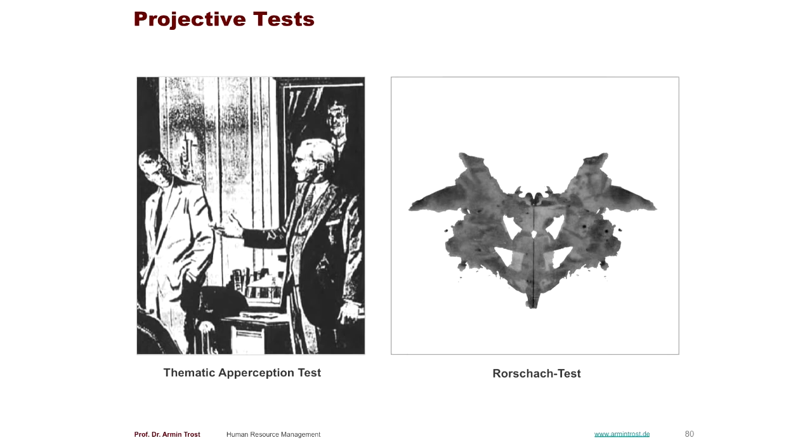When you do this test, you're shown some pictures like this. Very different pictures on cards. Look at this picture. And now your task is, please tell the story around this picture. Spontaneously.